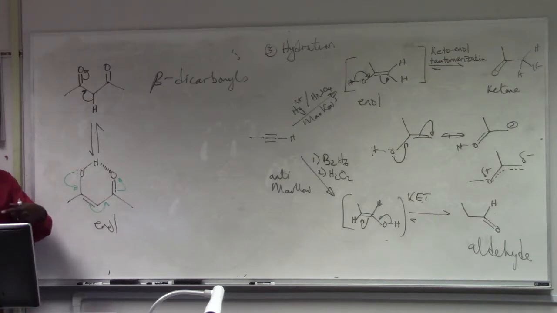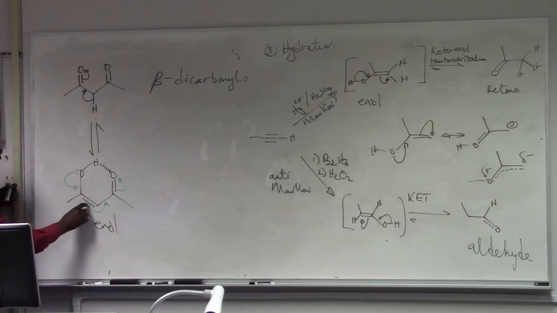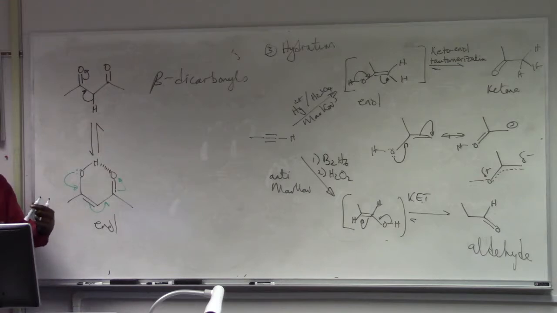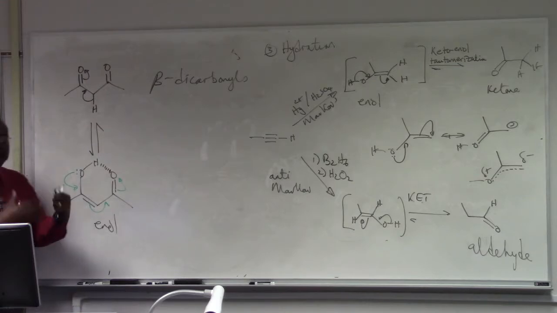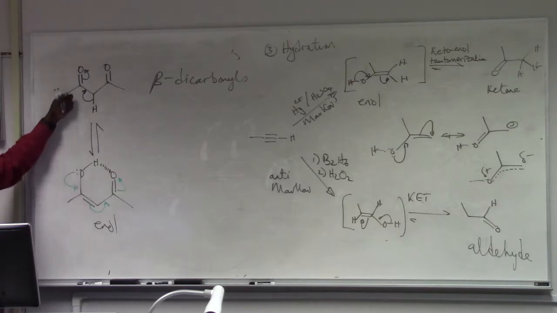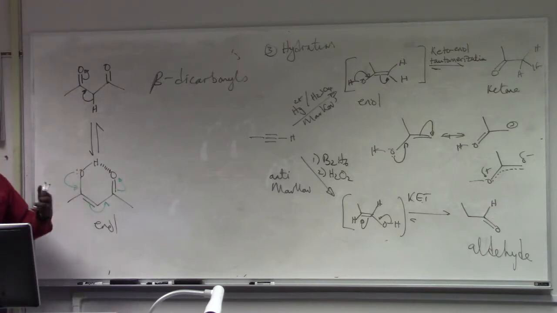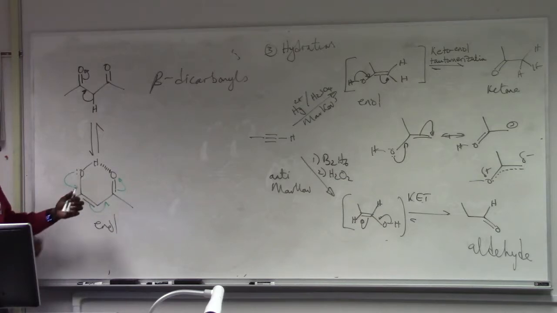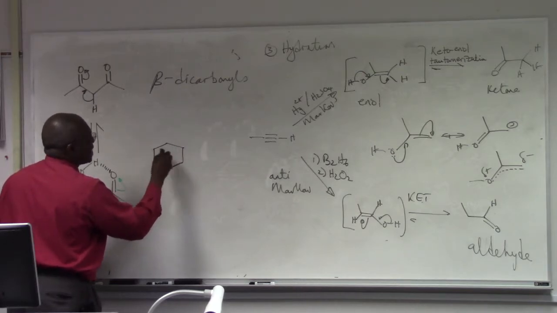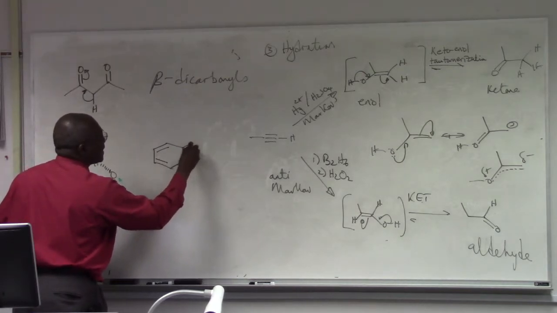Not just any old 6-membered ring, but if you look at the 6-membered ring, it actually has 2, 4, 6 pi electrons in it. So it feels benzene-like, right? And aromaticity is a very strong stabilizing force. So if I were to buy a sample of the beta dicarbonyl, it exists in roughly 50-50 amount to the enol.